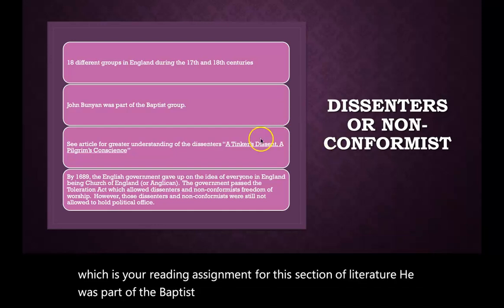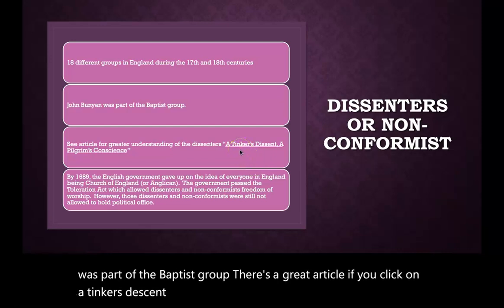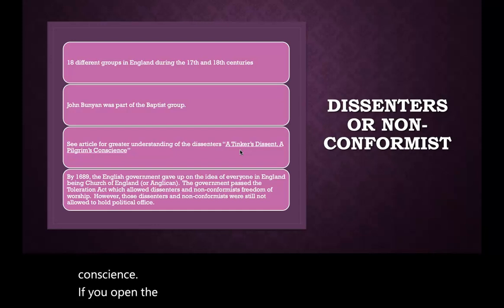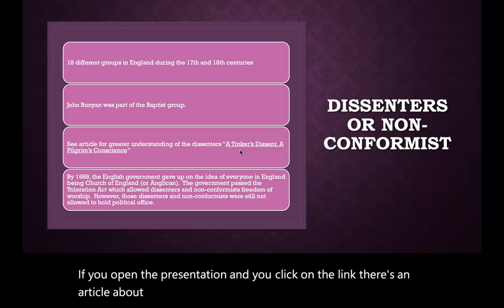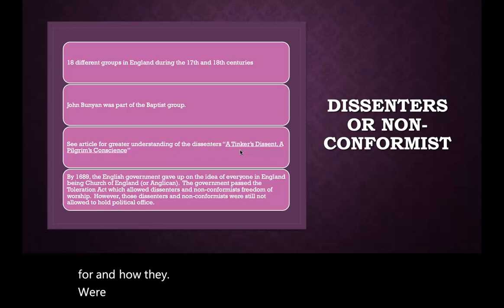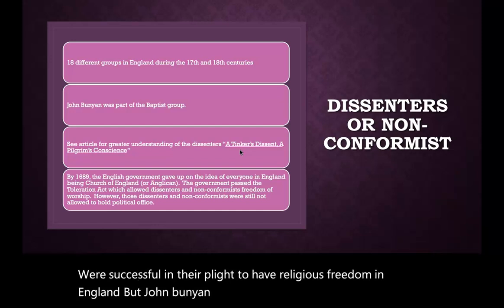There's a great article, if you open the presentation and click on the link, A Tinker's Descent, A Pilgrim's Conscience, about dissenters and who they were, what they stood for, and how they were successful in their plight to have religious freedom in England. John Bunyan was one of these dissenters.